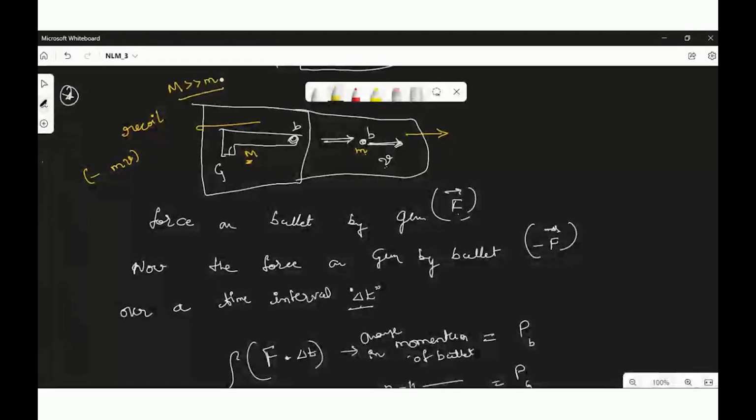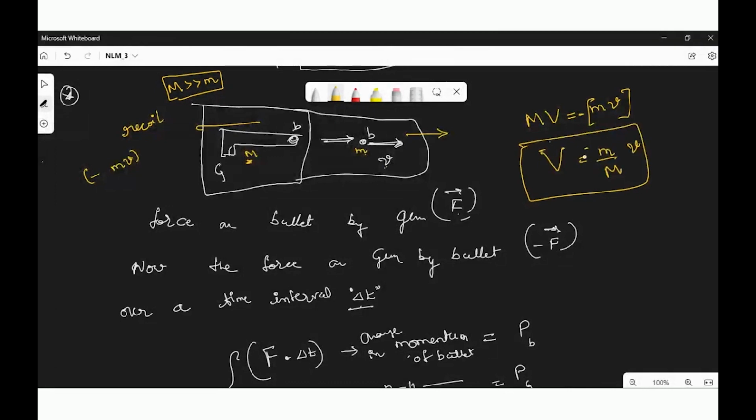That means the velocity with which the gun recoils will be lesser. The momentum of the gun must be equal to the momentum of the bullet in magnitude, equal and opposite in direction. Or you can put a minus sign, which tells you it is in the opposite direction. Or the velocity is m by capital M times v.